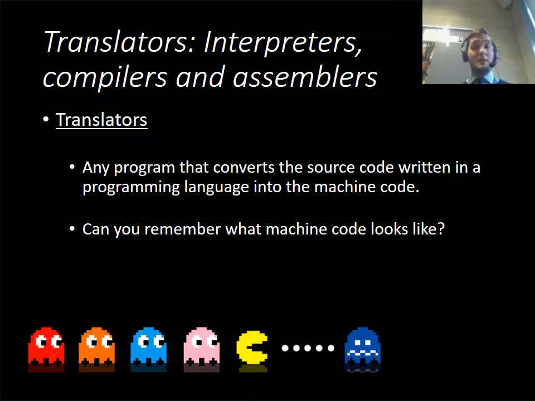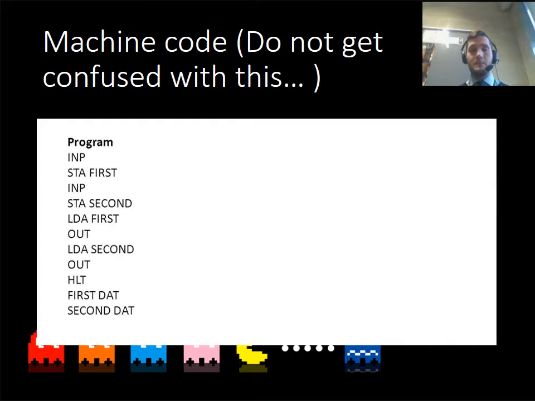Now, the next slide I'm going to show you, I'm showing you for a reason that many people get confused between the two, and you need to make sure that you know the difference. So what I'm showing you here is not machine code. This is assembly code. This is the code that the processor uses before it actually converts it into the binary that you see.